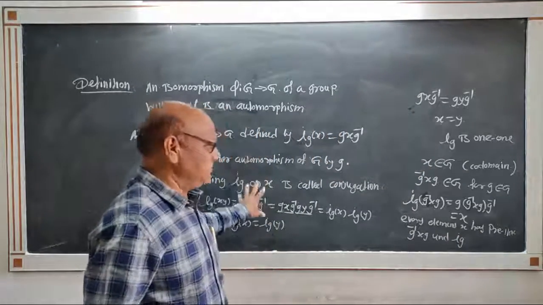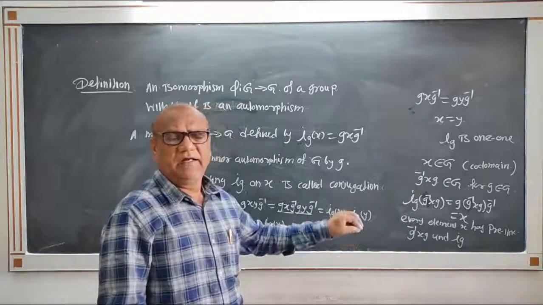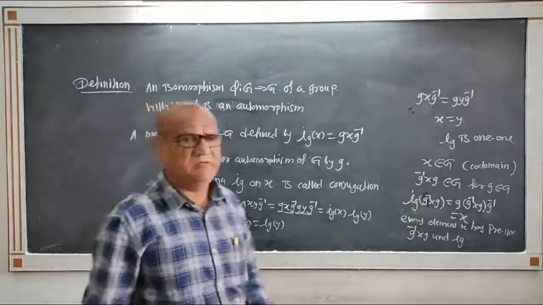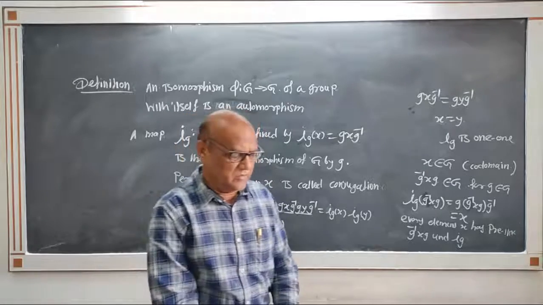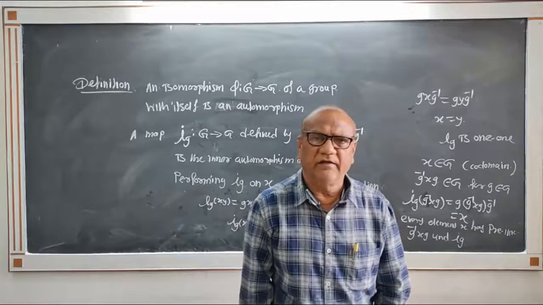That means I_g is a homomorphism, one-one and onto, so it is an automorphism, and this automorphism is called inner automorphism. Okay, we stop here. Thank you.